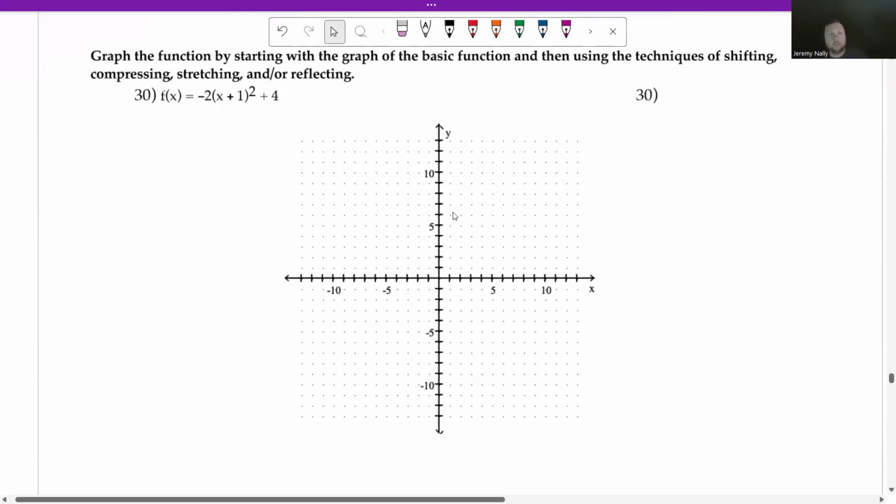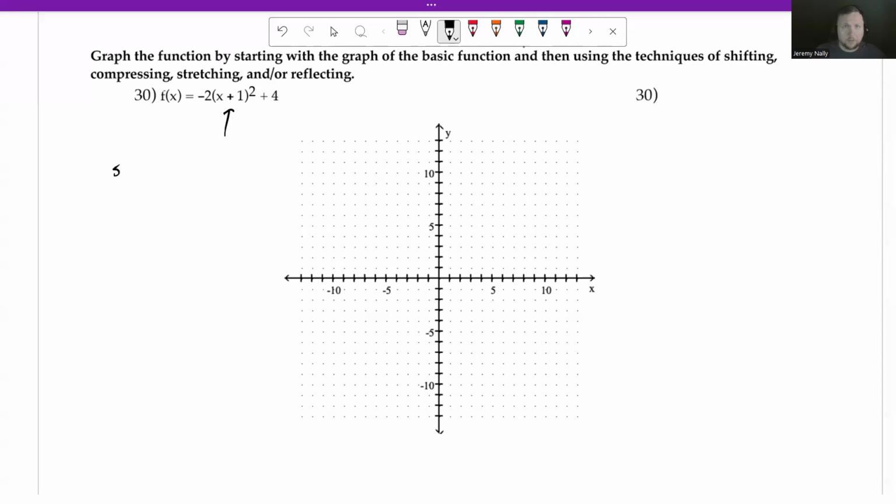Okay. Graph the function by starting with the graph of the basic function and then using techniques of shifting, compressing, stretching, and or reflecting. So we can see we're going to shift left by 1.